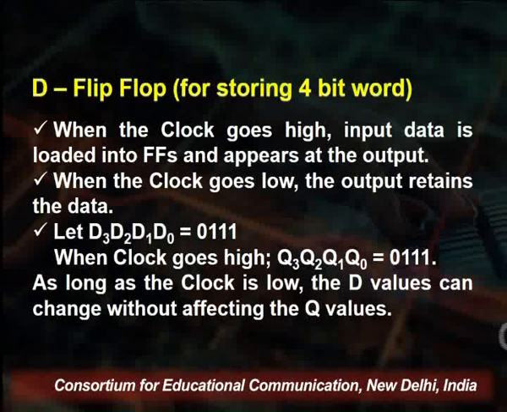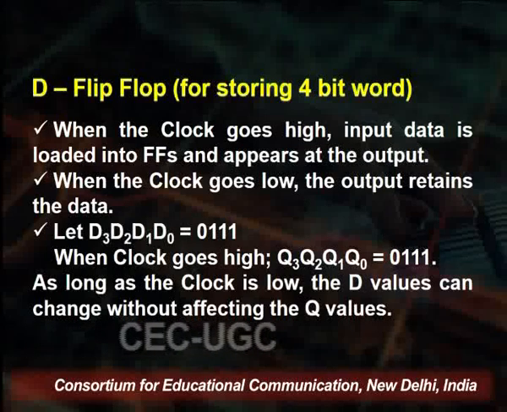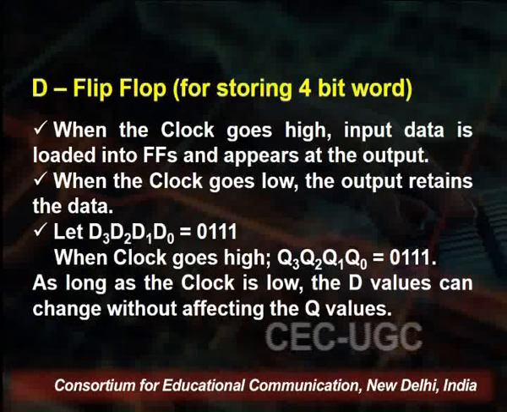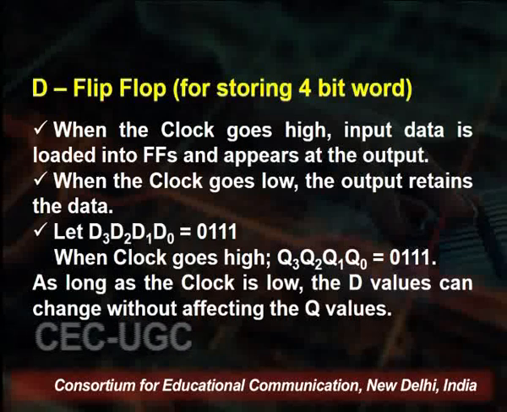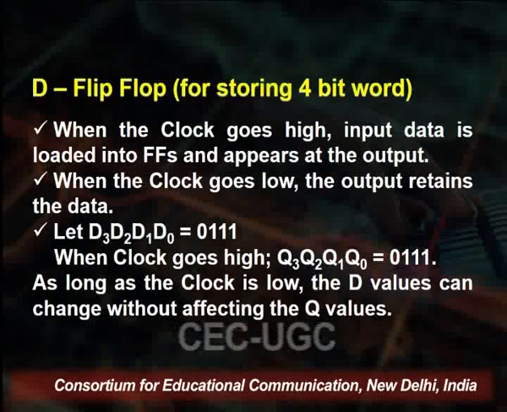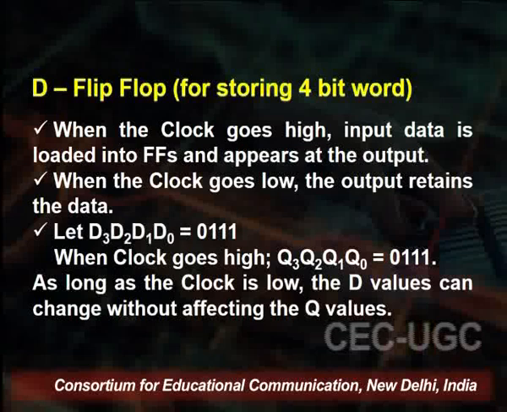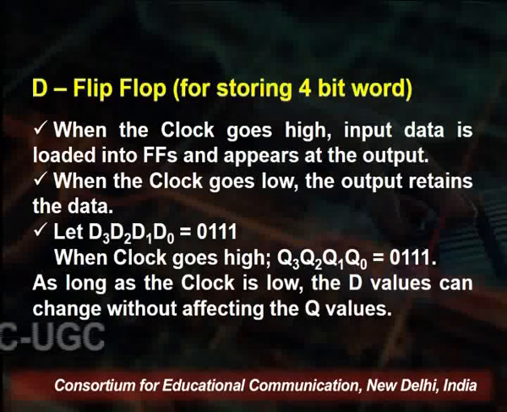That simply means that the Q values are at the output, and hence they do not change even if the inputs, which are the D values, change when the clock is low. Hence we find that the D flip-flop behaves as a very nice memory element.